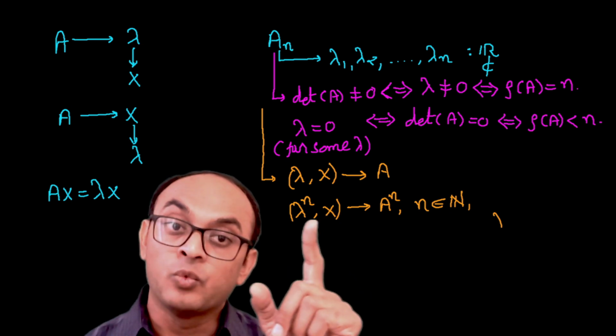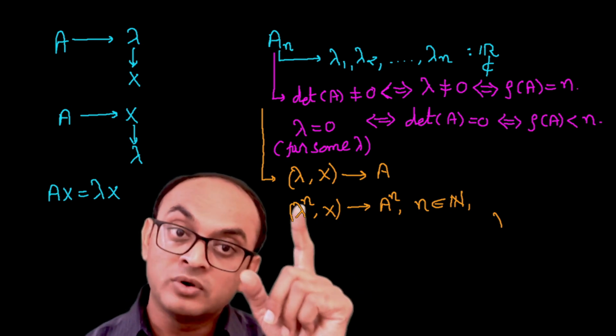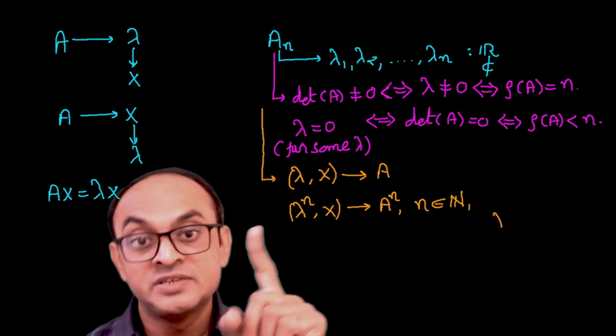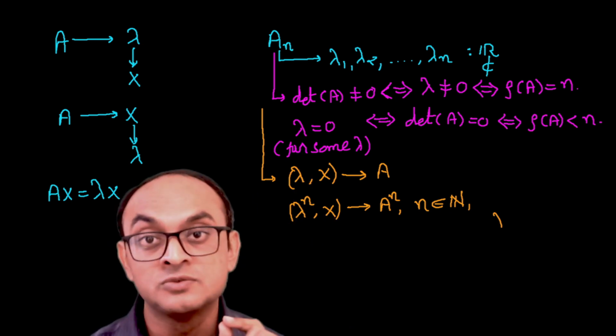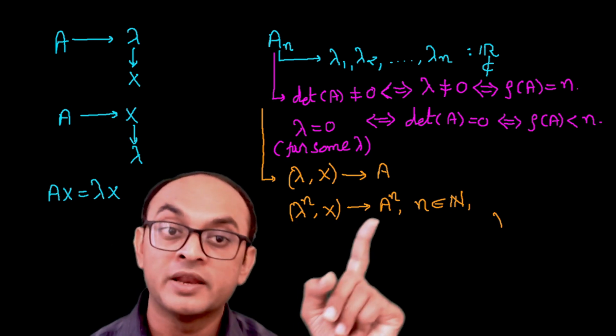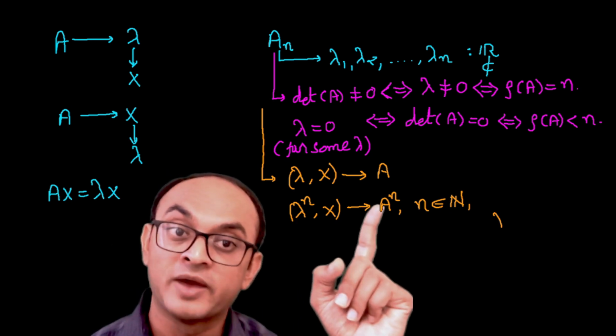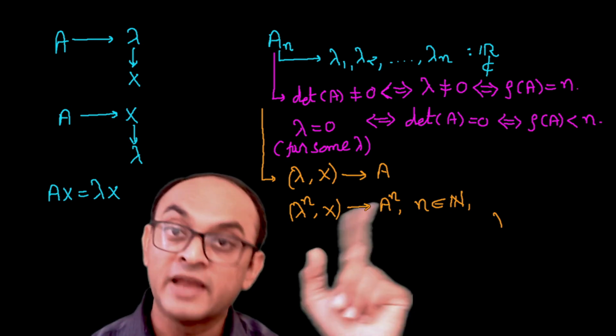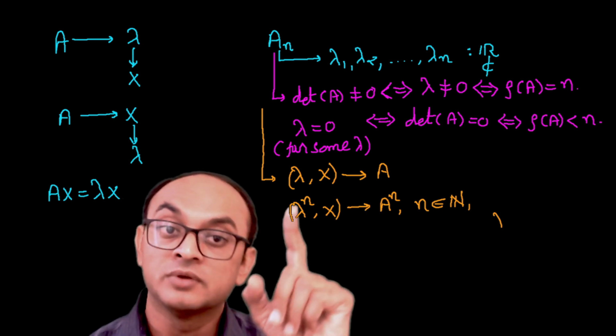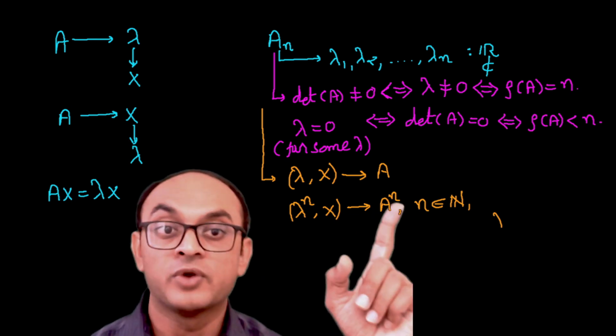But when I am talking about only lambda, lambda may be 0, lambda may not be 0. Lambda equal to 0, I know that inverse does not exist. That means I cannot talk about A raised to minus 1, minus 2, minus 3, minus 4, minus 5 and so on. That means n cannot be negative. So this is true for n belongs to N.